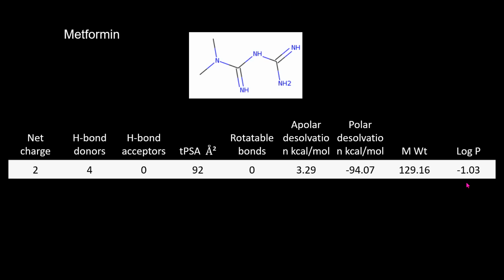So log P is quite low, almost negative. That means very, very hydrophilic, highly water soluble. So polar surface area is also very high because a lot of nitrogens are there. Okay, it does not have any hydrogen bond acceptors. Okay, it's got donors. Donors means NH type. You can see a lot of NH groups there.